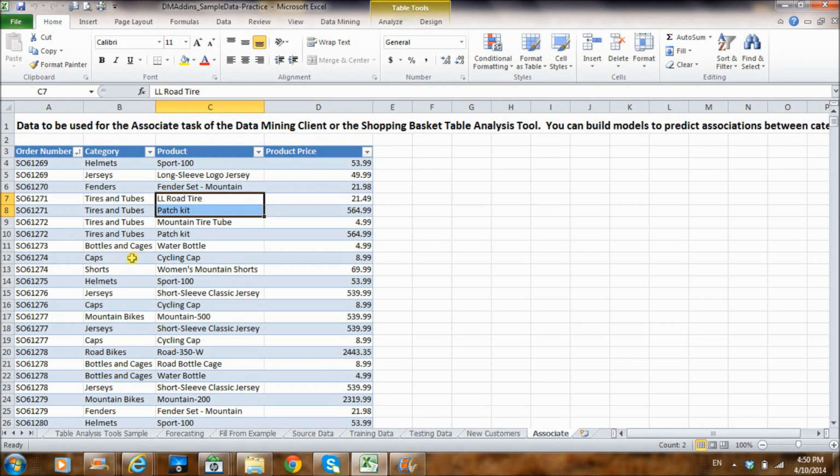So basically, this has a one-to-many relationship between order number and the products.